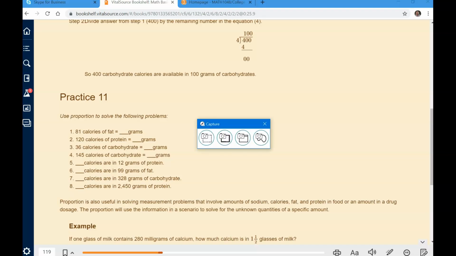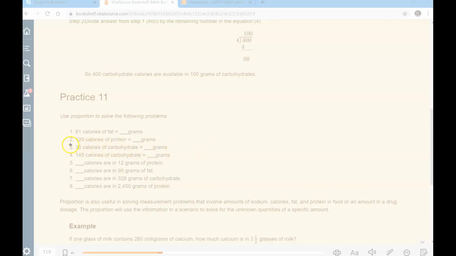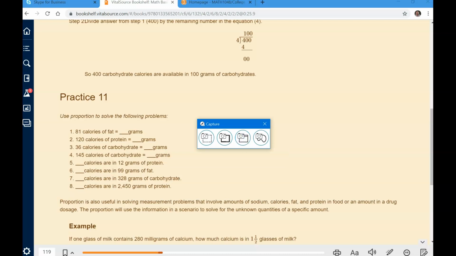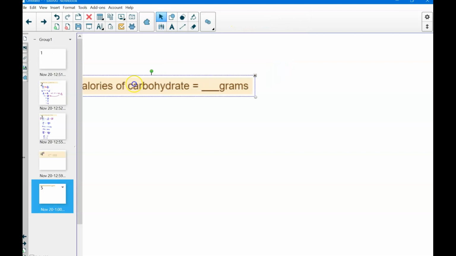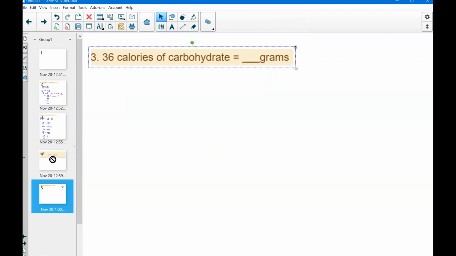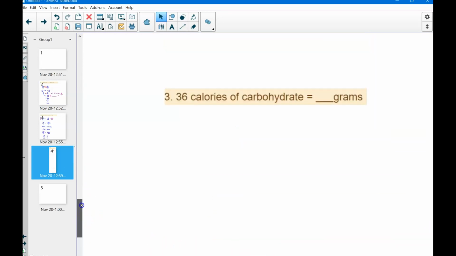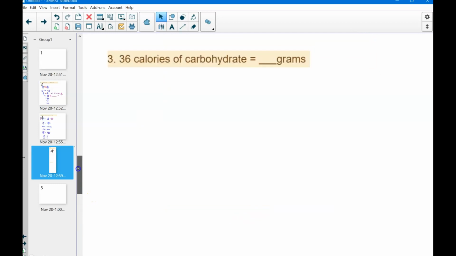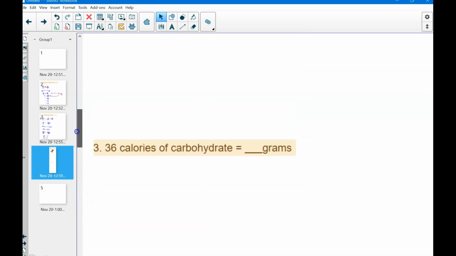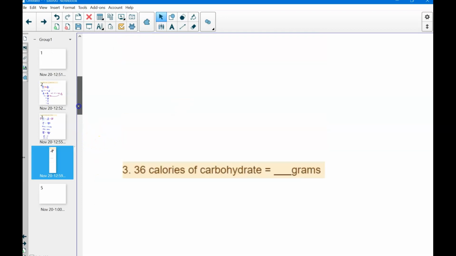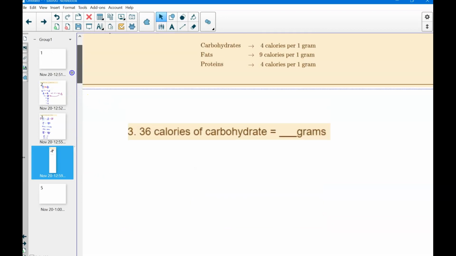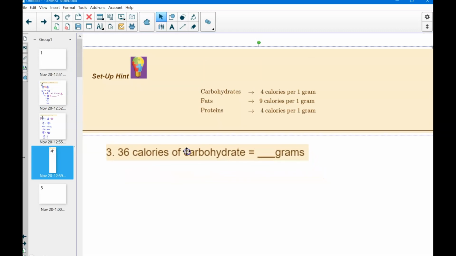Let's try this one here. So we have 36 calories of carbohydrates.